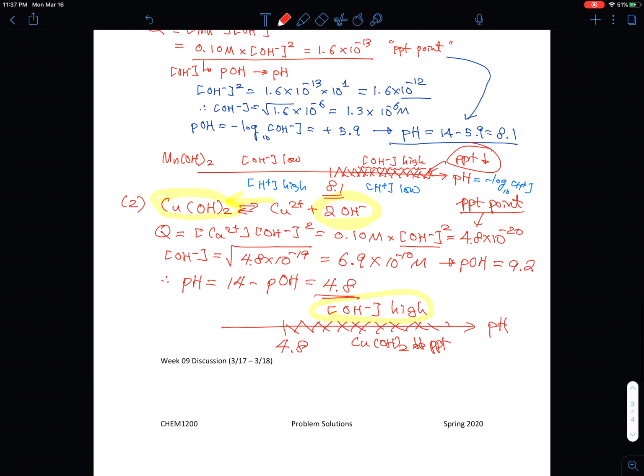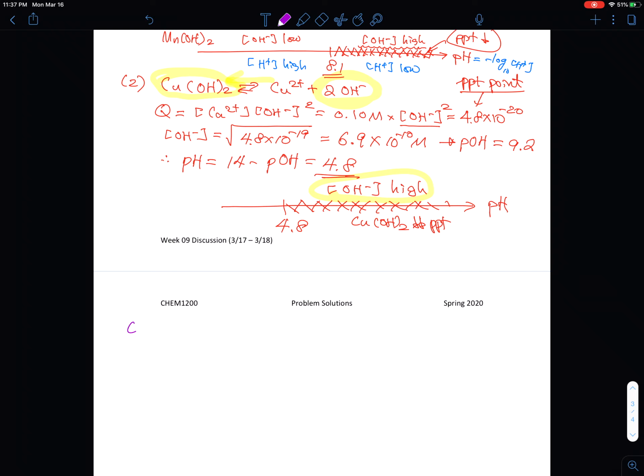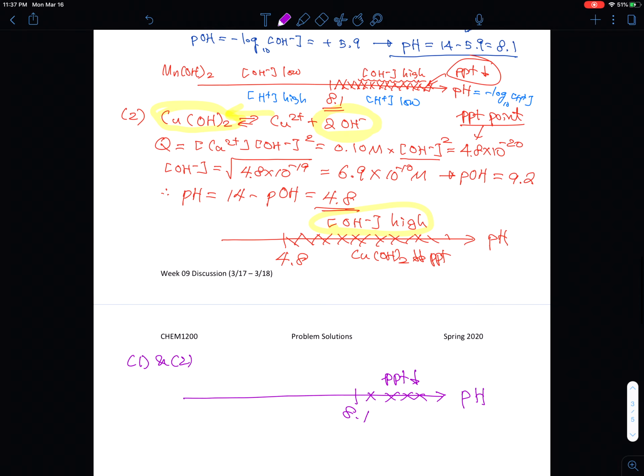Combining these two, let me draw the diagram here. This is the pH range, and at 8.1 and higher, precipitation of Mn(OH)2 will happen.